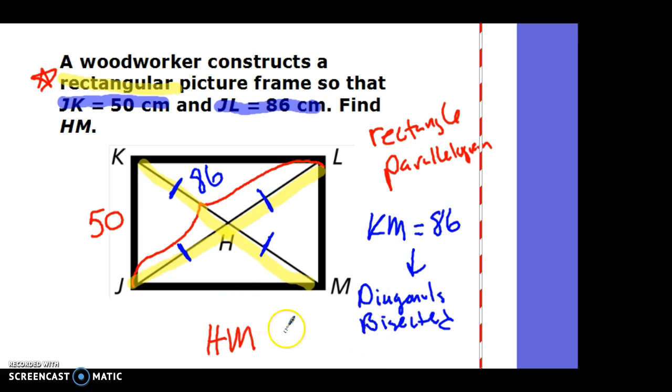What is the length of HM going to be? Yes, Liz? Well, KM is 86. So how can I figure out the length of HM? Yes, Jada? We would divide it by what? 2. We know that this length has to be 1/2 of 86. Therefore, it's going to be 43. 86 divided by 2.